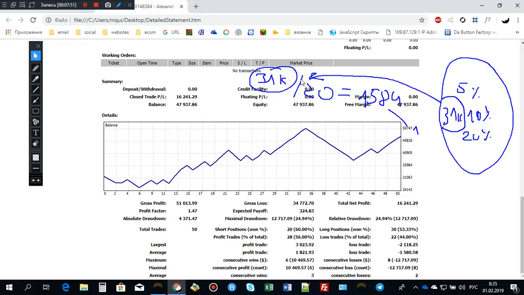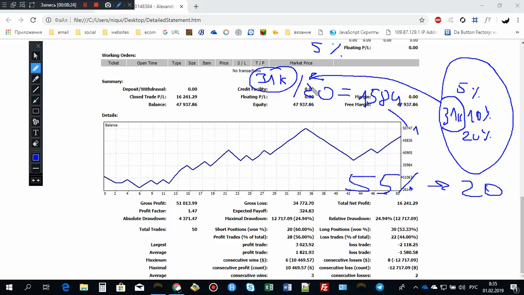Why 20? If you know mathematics, 1 in 20 is 5%. Why 20? Because based on my backtesting, which is 55% accurate on average according to my market research, the greatest sequence I have ever met is 20 losses in a row, and it is very unlikely.